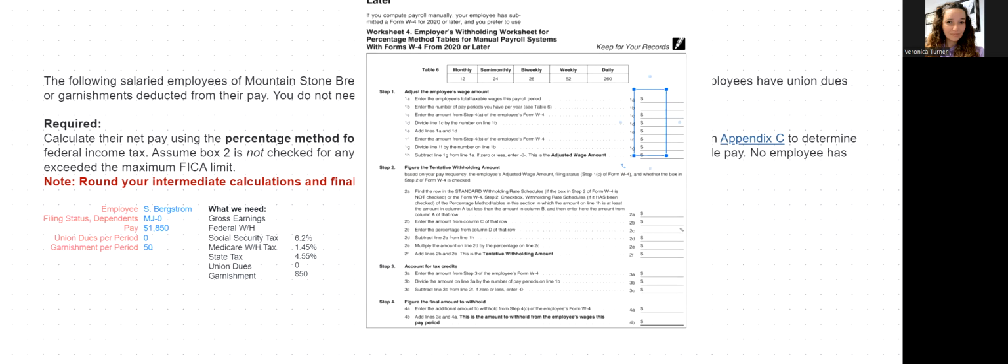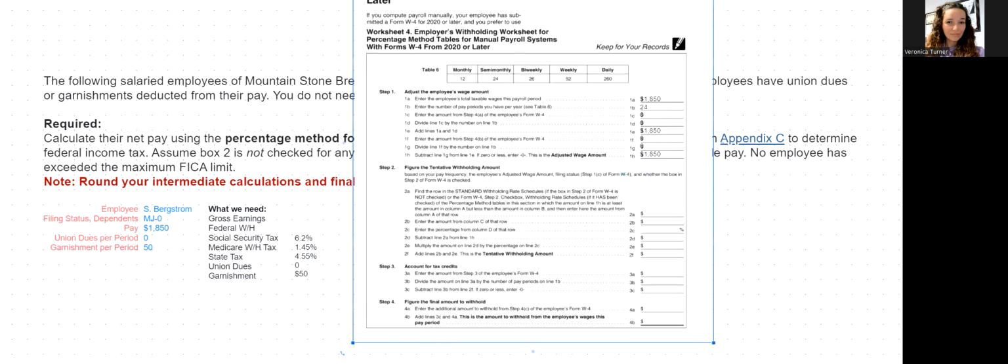And then divide line 1F by 1B, 0. And finally, we're going to subtract line 1G, which is 0, from 1E. So 1,850 minus 0 is going to still give us that 1,850. So for him, we're going to use the 1,850 as his wage amount.